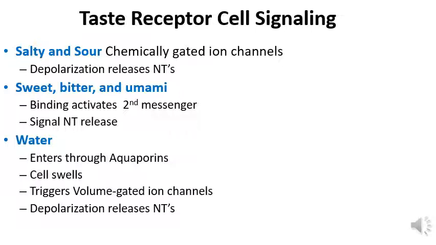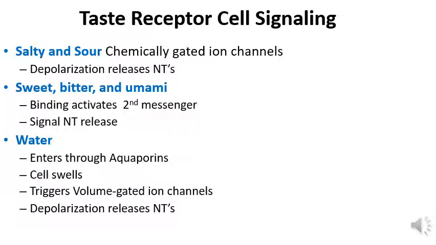Now, my third bullet point here says triggers volume-gated ion channels. Probably a better way to think about it is these are like mechanically gated ion channels. We talked about mechanically gated ion channels way back when we were talking about neurons. And the fact of the matter is that when volume changes in a cell, that's going to elicit some kind of mechanical change in the membrane, which could therefore then trigger those ion channels.